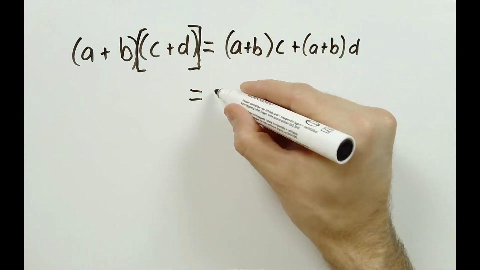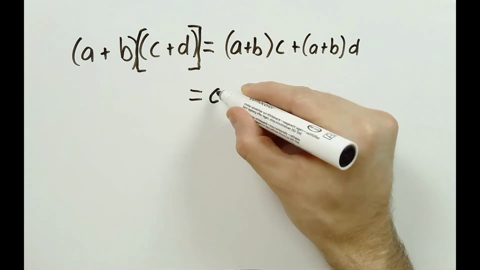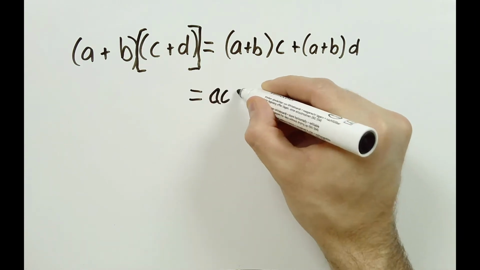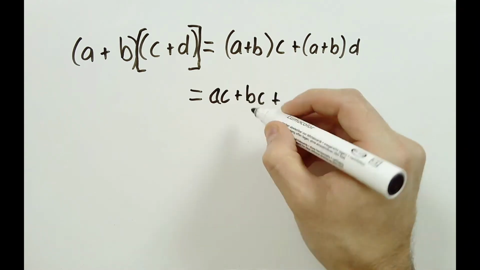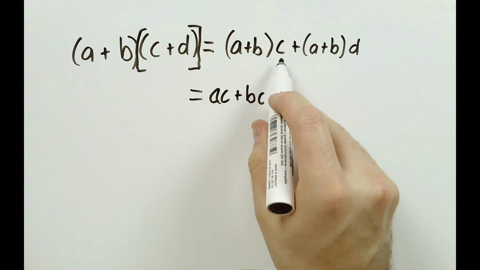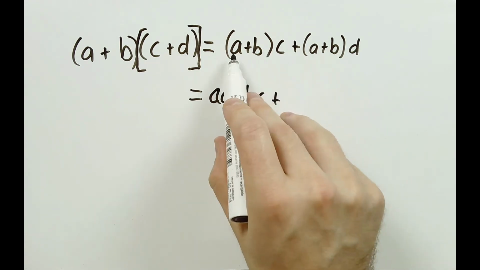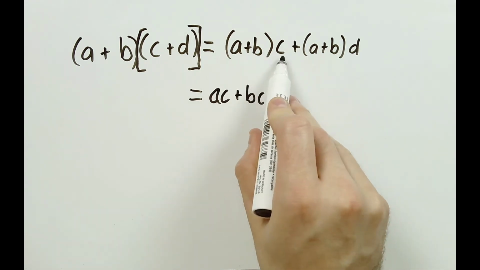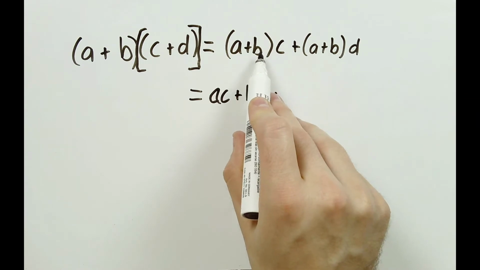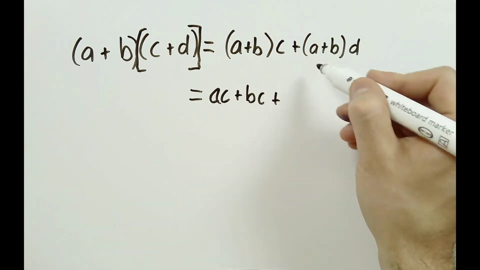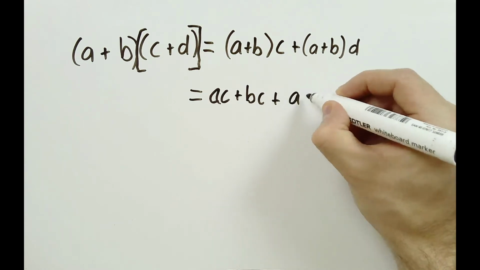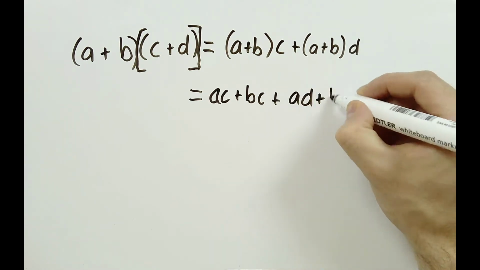So we would end up with ac + bc for the first set of terms, which is the value outside the bracket c times the first value a plus the value outside the bracket c times the second value b, ac + bc. And we can do the same thing for the second set of brackets, which would result in ad + bd.